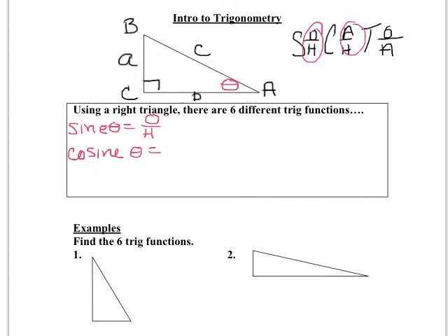Cosine stands for adjacent over hypotenuse. And then we have the last one, which is tangent, which is opposite over adjacent.